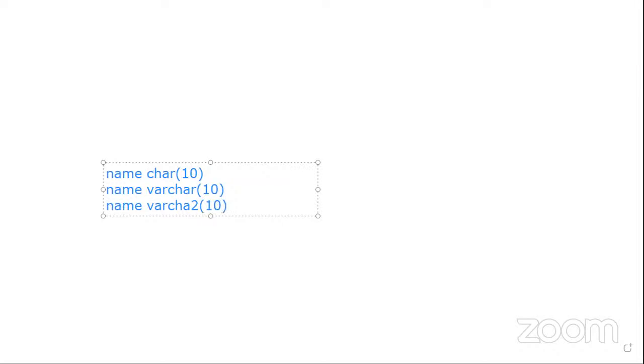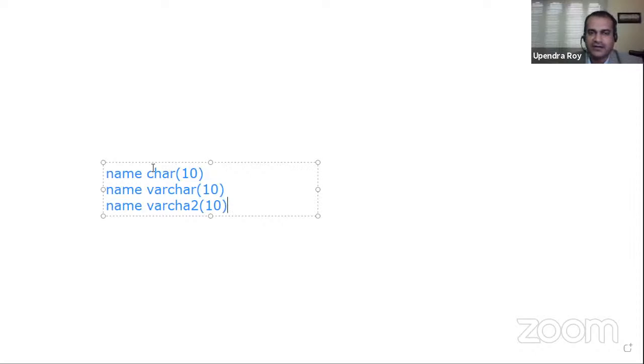The question is, what is the difference between all these three? Are these three lines the same, or are they different? If they are different, what is the difference? I hope the question is clear to you all.